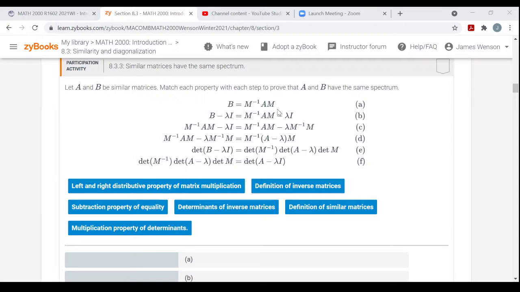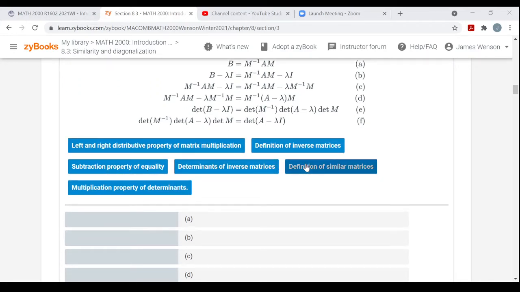So the first step they're starting out with is they're saying, let A and B be similar matrices. So this is by definition of similarity. If A and B are similar, there should be some invertible matrix M such that B equals M inverse times A times M. So the definition of similar matrices would be the first line of reasoning.